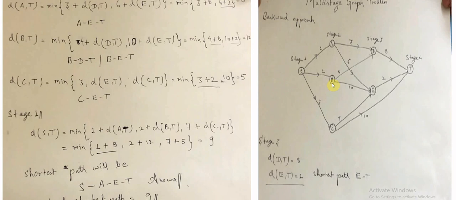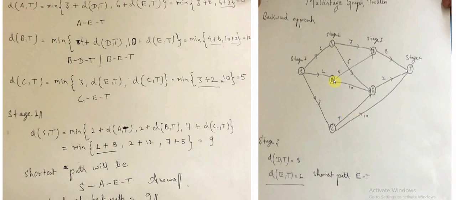Now the second vertex of stage 2 is B, and we have to calculate the minimum cost to reach from B to T. So the formula is again the same, minimum. Via B there are two paths, obviously via D and via E, so we will be considering both paths.